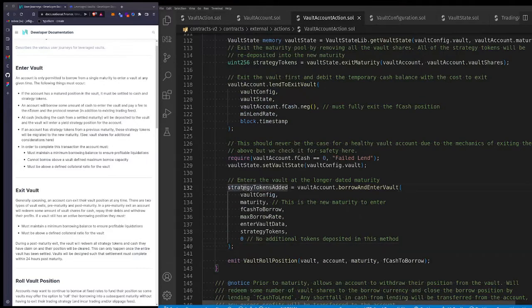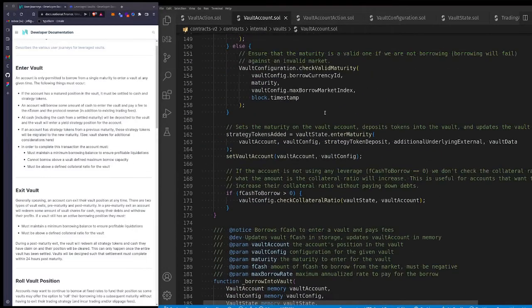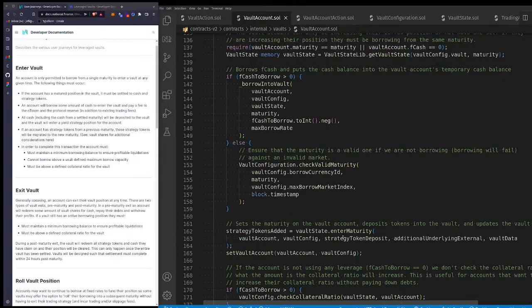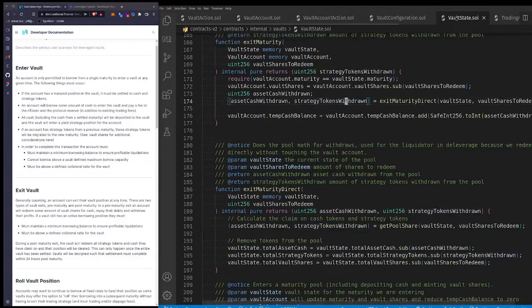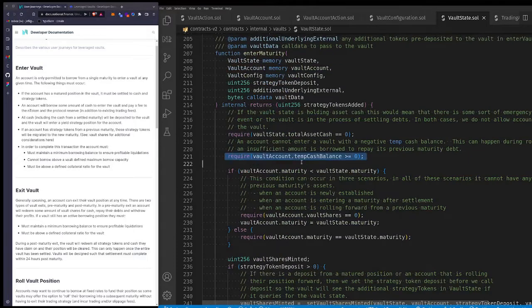So once we do that, we will enter the vault. We will go through the entire process of entering the vault, borrowing the debt, entering the maturity. When we enter the maturity, we will check that the cash balance is greater than 0. If it's not, then the account hasn't borrowed enough to repay its existing debt and enter the new maturity.